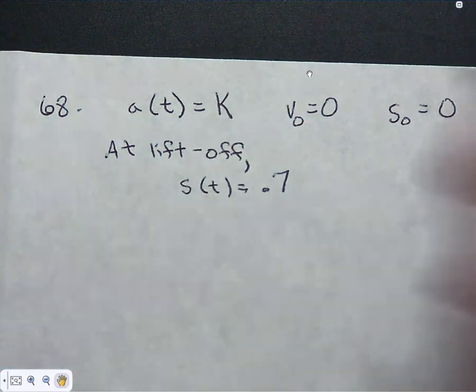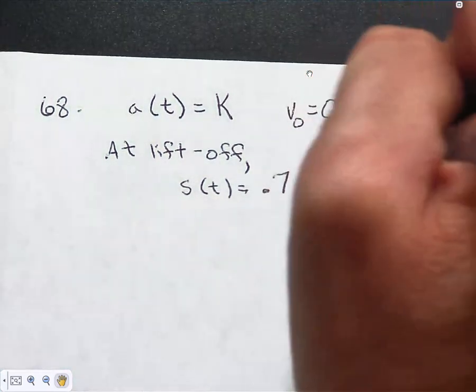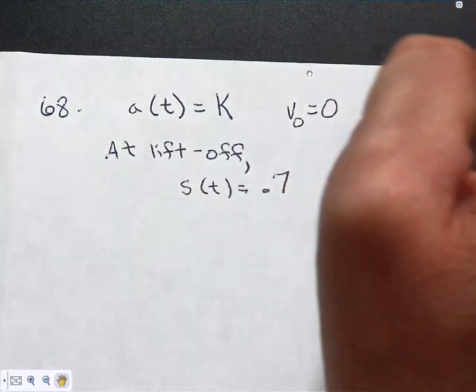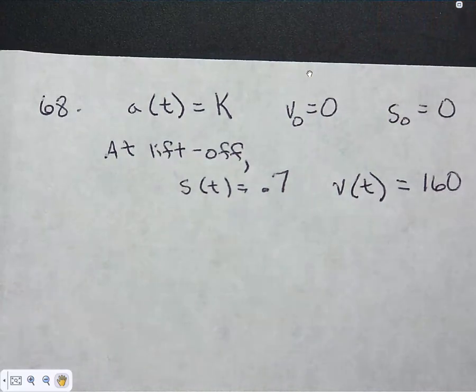And then Sam also said the velocity at liftoff is 160 miles an hour. And I think that's all we're given. We're looking for the plane's acceleration. So talk to me.